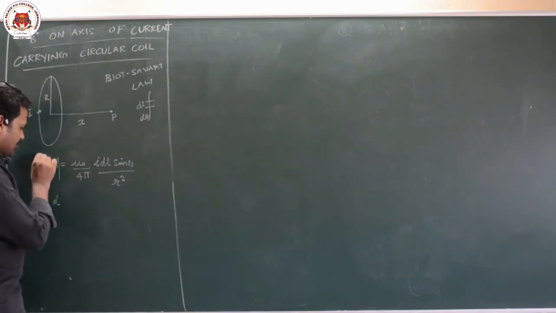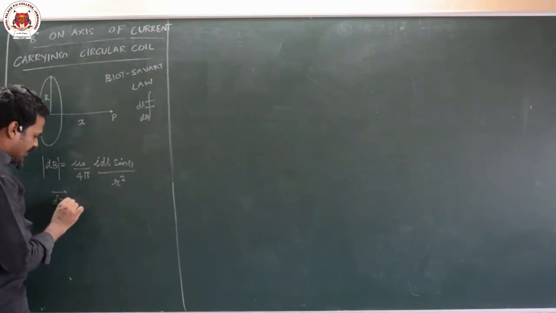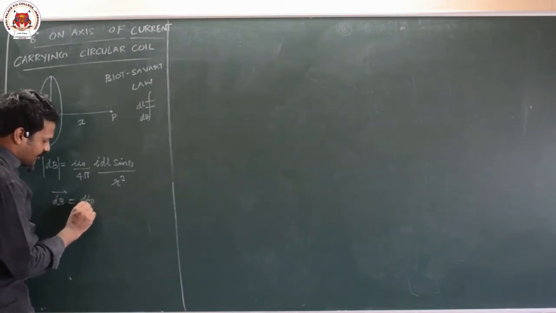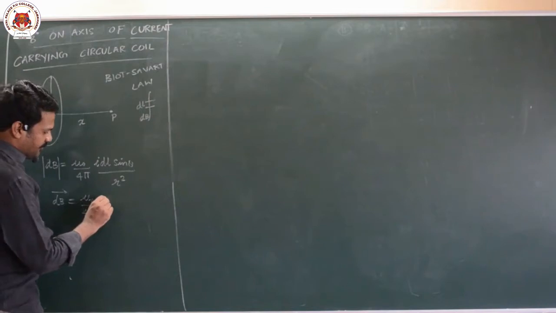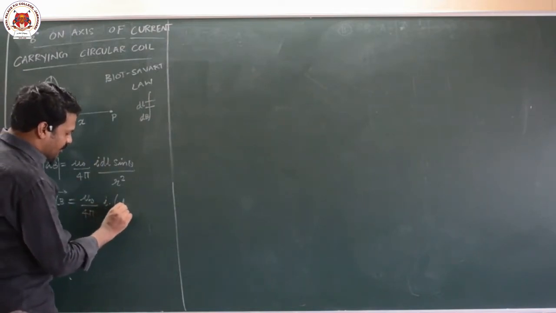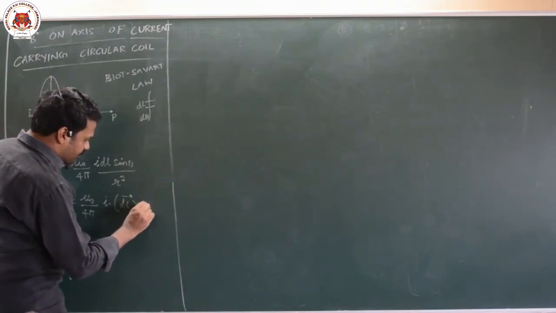This is the magnitude form. Let us write it in vector form. If I write in vector form, you will get mu naught by 4 pi, I into dl bar cross r bar by r cube.